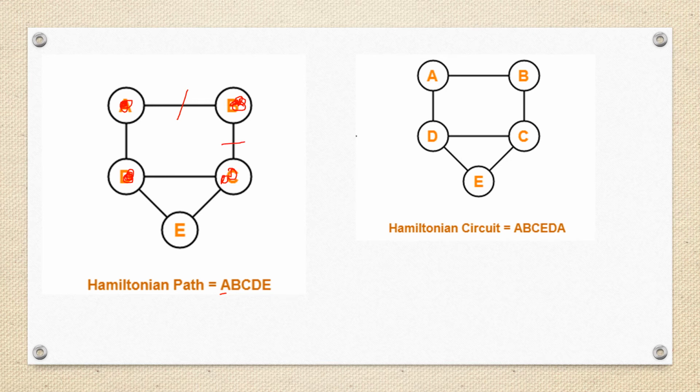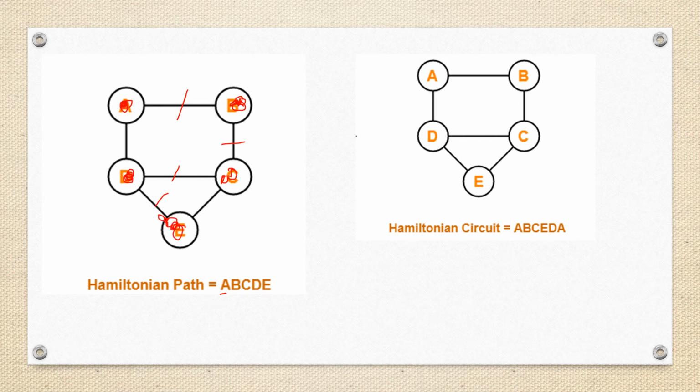Although hindi naman importante na i-identify pa natin kung anong mga edges ang ginamit natin. But let me just identify it. Okay, so from C going to D, so nagamit ito. Then from D going to E. So, yan.